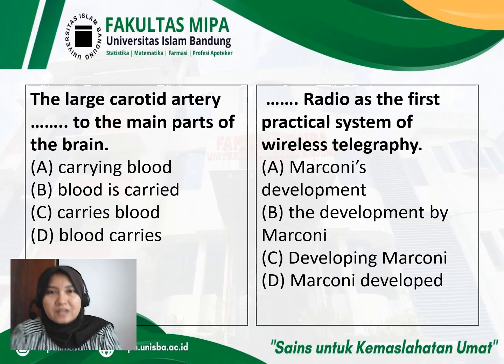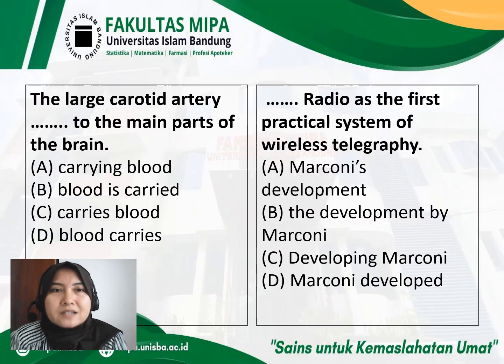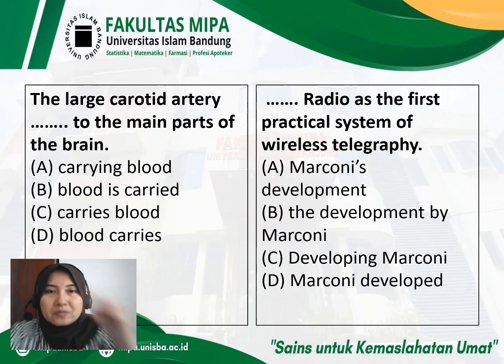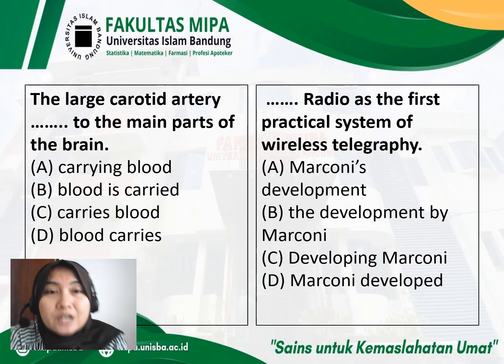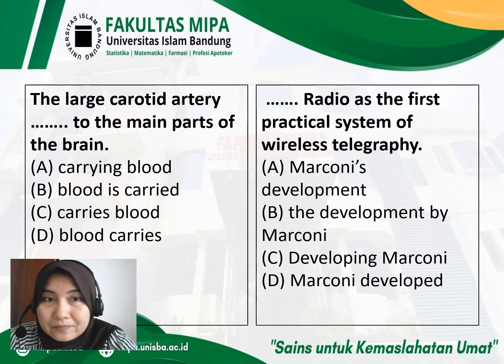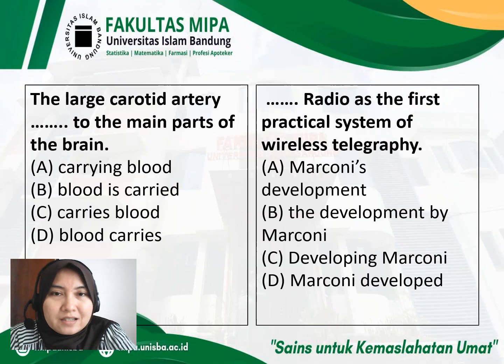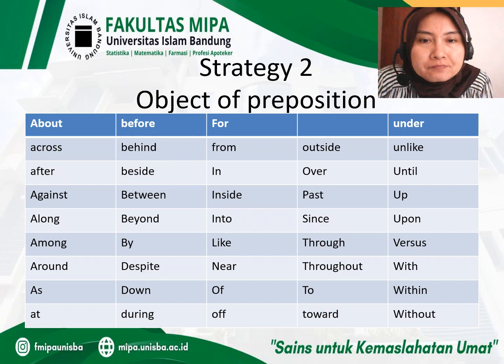Marconi developed gives us Marconi as the subject and developed as a past tense verb, forming a complete clause. So the correct answer is D, Marconi developed. These examples remind us to always check for a clear subject-verb pair and avoid incomplete phrases.